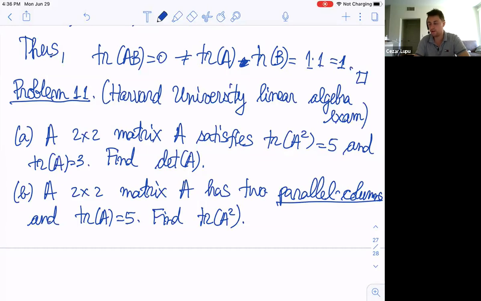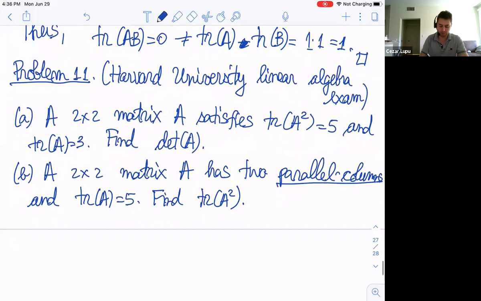I don't know the exact solution they gave, but I will assume it was solved using eigenvalues and eigenvectors. But like I said, we don't know that yet. So the only option we have is maybe to use Cayley-Hamilton or just computation. So let's do this.